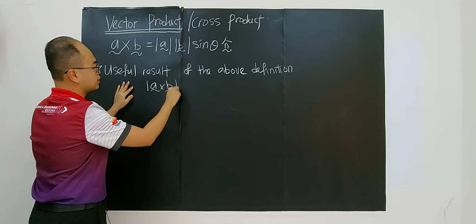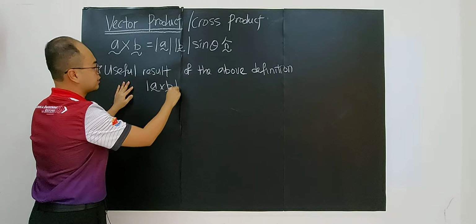The magnitude of the unit vector, as discussed in the types of vector, is always 1 unit. So when I take the magnitude of A cross B, I take the magnitude of the unit vector, which gives 1. So we get this to be 1, and this is a useful form: A cross B equals magnitude of A times magnitude of B times sine theta times the unit vector. This is the modification of the definition.